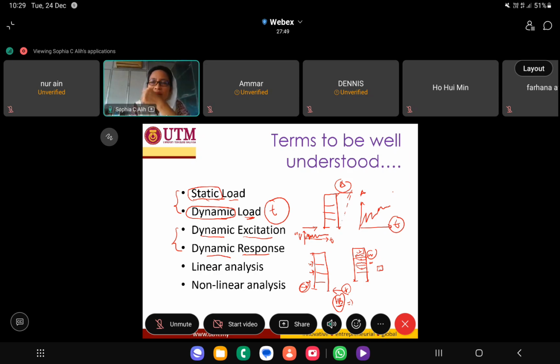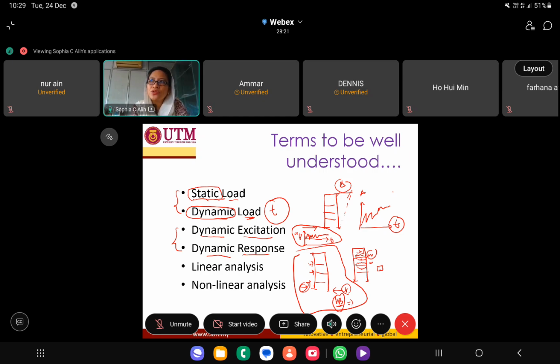Now, my next question is why we do static or dynamic design, whether it is safe or not, whether it is acceptable or not, because you say here it is earthquake, and as your friend said, dynamic excitation gets dynamic response, and that's why you should go for dynamic design. But what you did all this while is the static analysis or the static design for your earthquake, right?